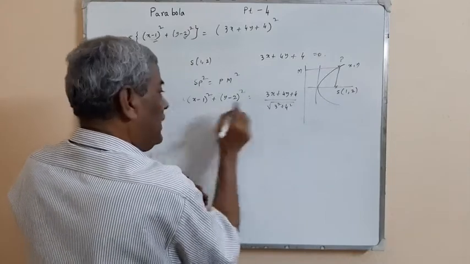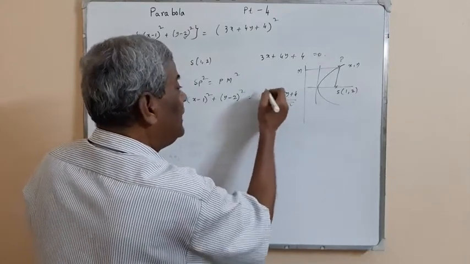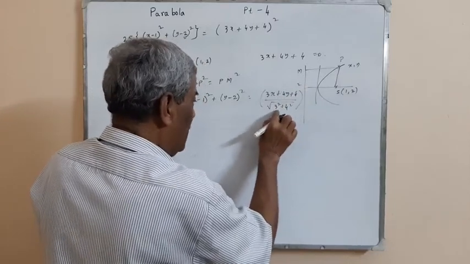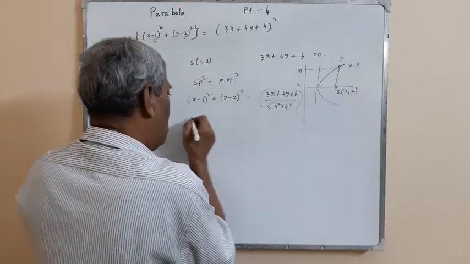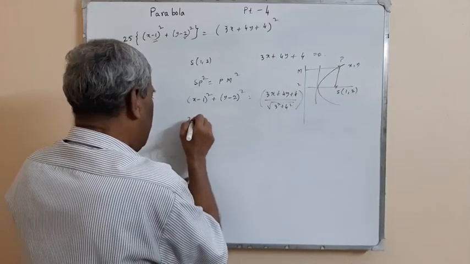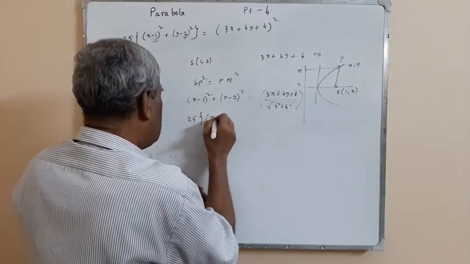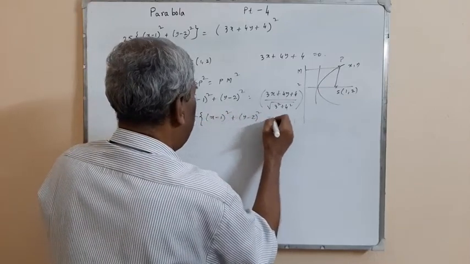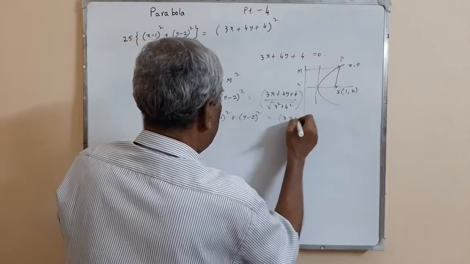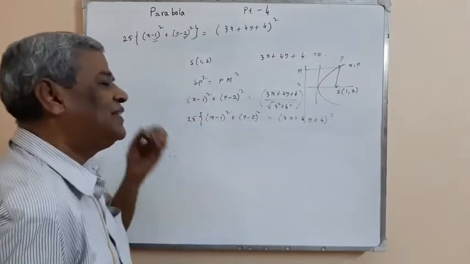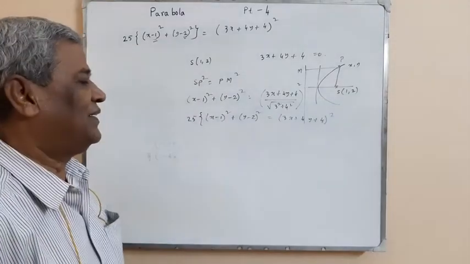So it is whole square, and this 25 would be there. So 25 into (x minus 1) whole square plus (y minus 2) whole square is equal to (3x plus 4y plus 4) whole square. Now this is the equation of the parabola.